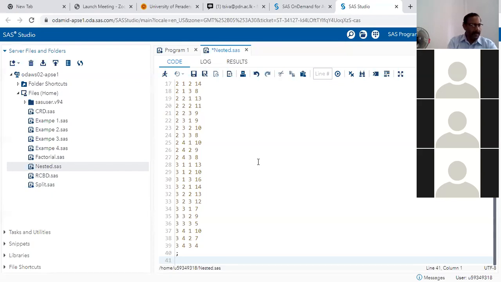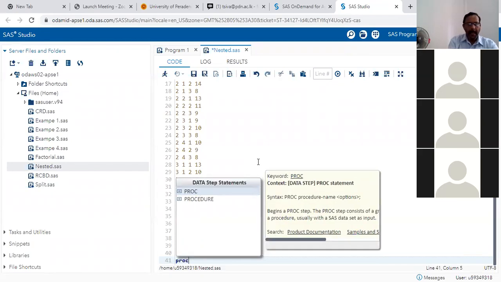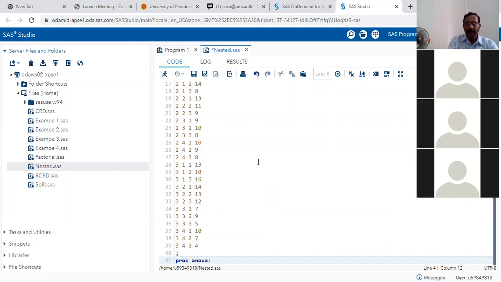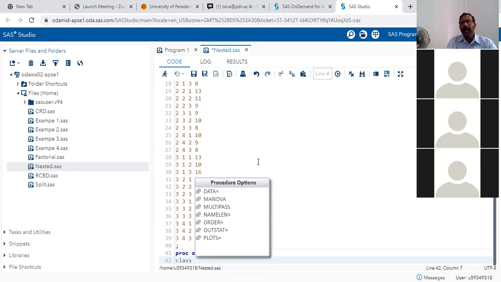Then what is next? Proc Anova. Now you will have to recall the model and Proc Anova. What is the class? Here also classified variables. Indujalini, tell me what are the class variables?